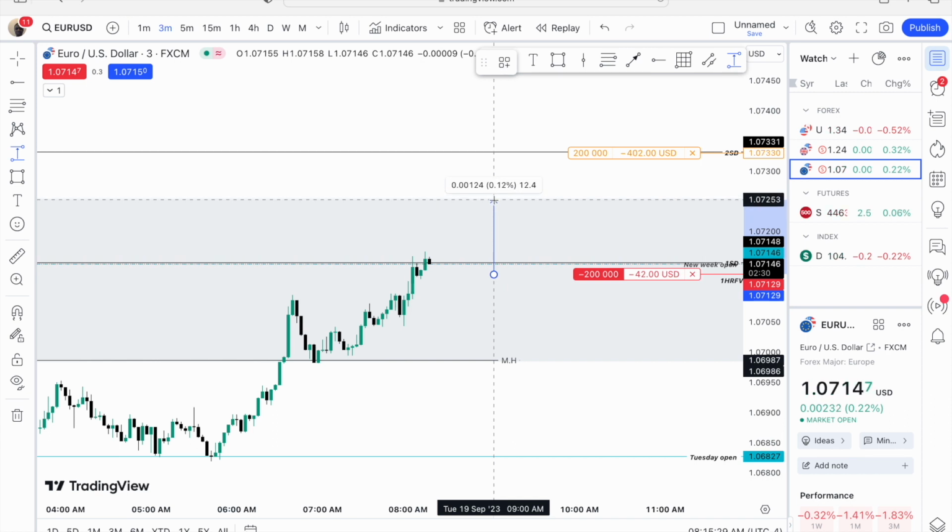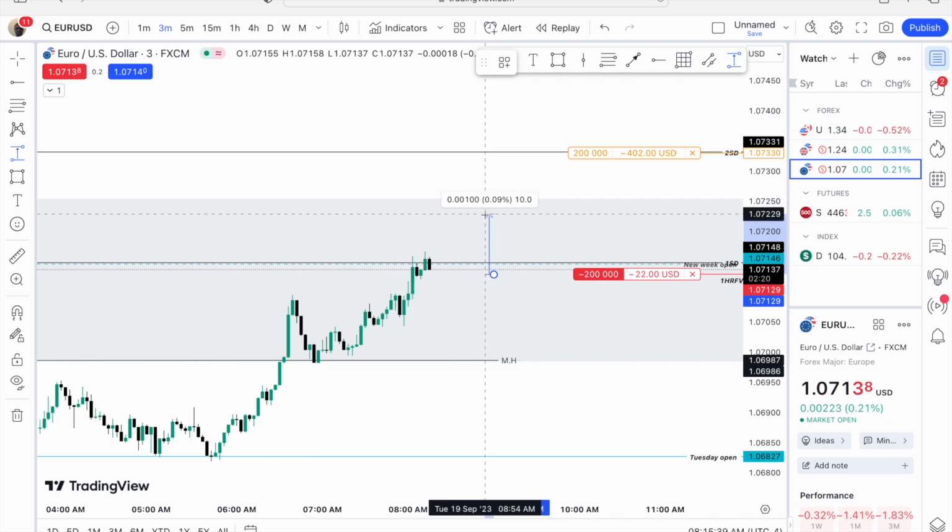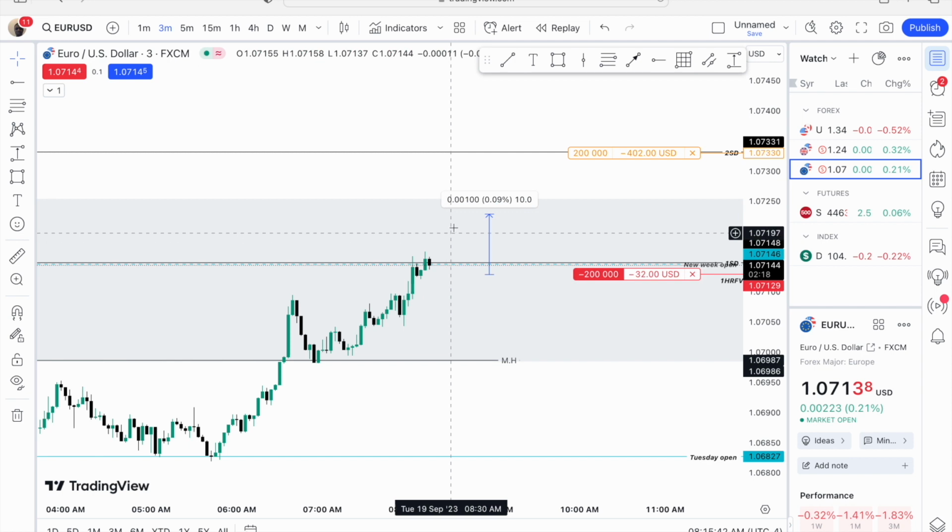So typically my stop loss will be 20 pips. So I put this at 10, and if price continues trading up above this 10, above 10 pips from my stop loss, then I'll take off some of my trade.